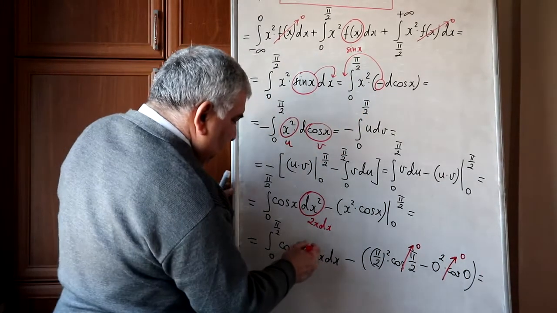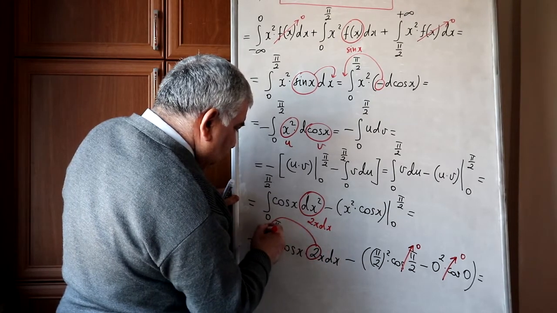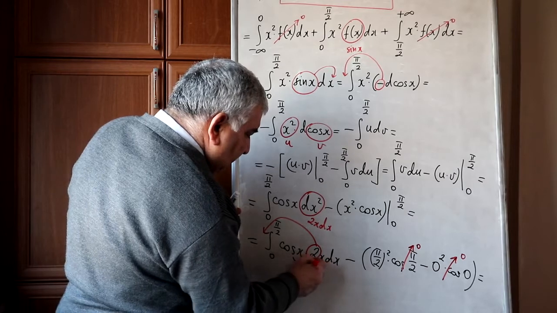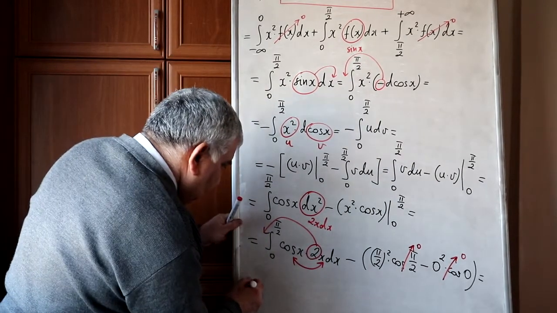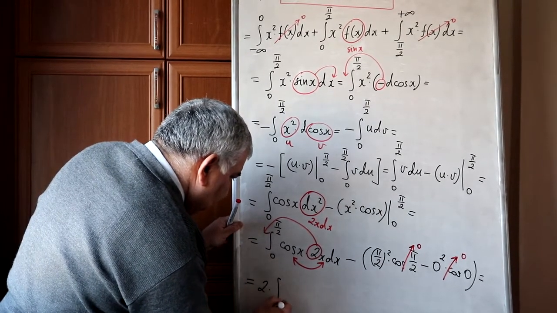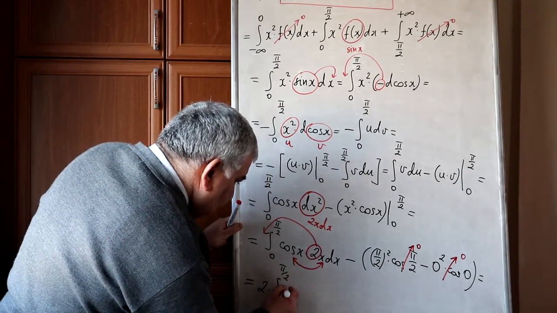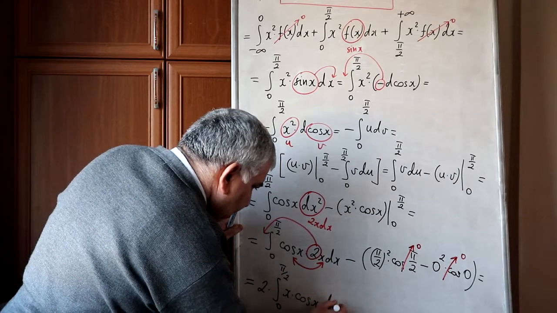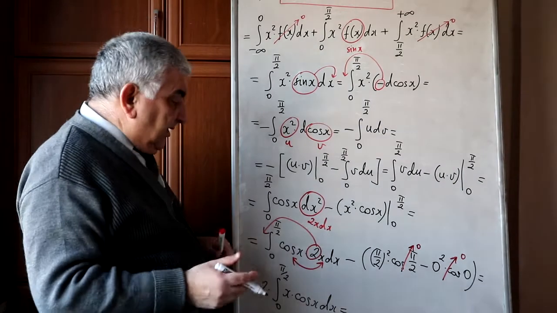And here we can take 2 out of the integral symbol and change the places of the x and cosine x equals 2 multiplied by integral from 0 to pi and a half x multiplied by cosine x dx. Again apply the definite integration by parts.